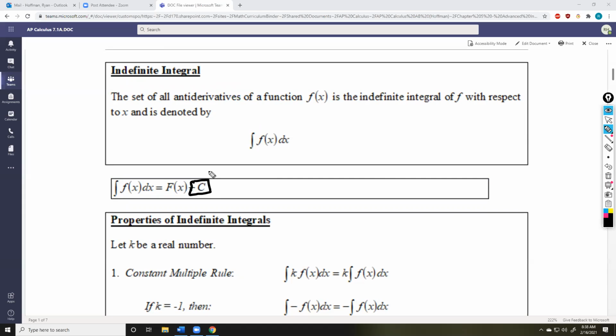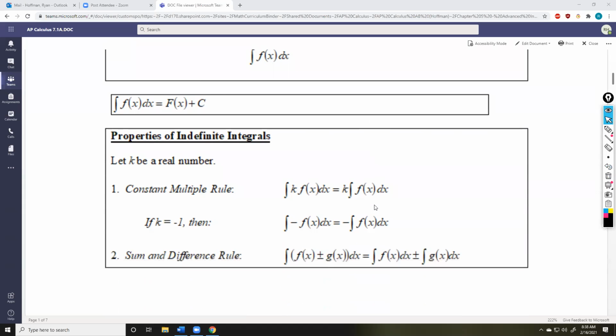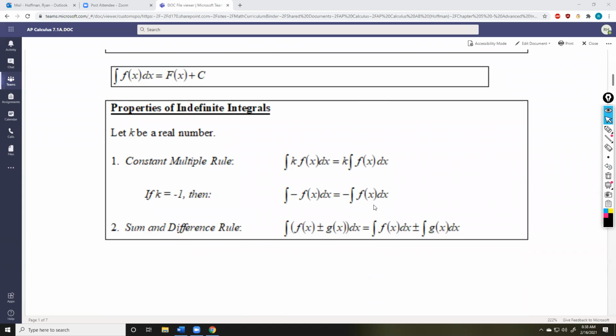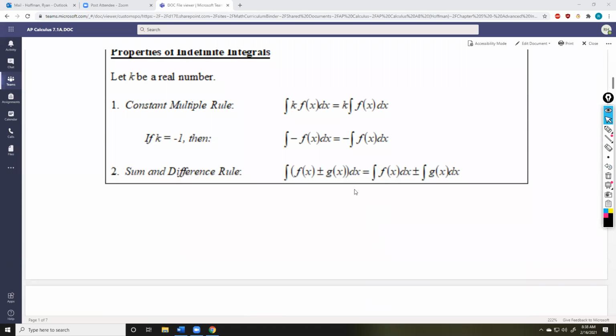And so now that we don't have these bounds and those plus c's aren't going to cancel, when we plug in at the top minus plug in at the bottom, now we do need the plus c there. And that's going to be really important for what we're going to do this week. So, indefinite integrals.